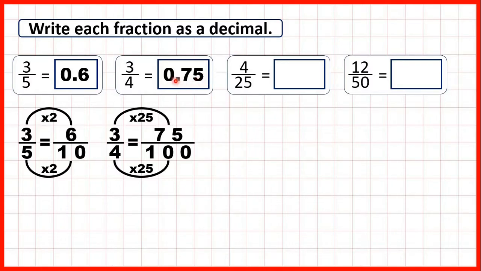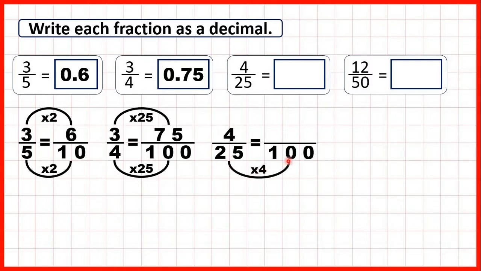And remember, the second digit after the decimal point is the hundredths, so we can only have 2 digits after the decimal point if we have a denominator of 100. Now we have 4 over 25. Well, 100 is a multiple of 25, and 25 times 4 is 100.